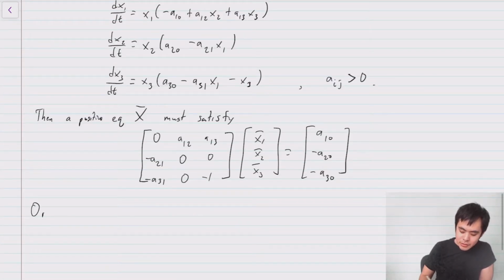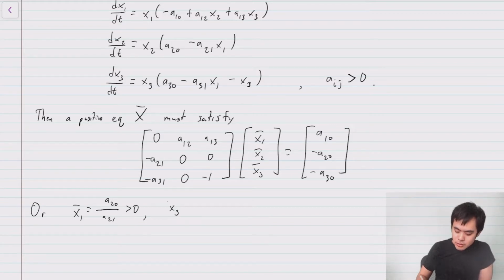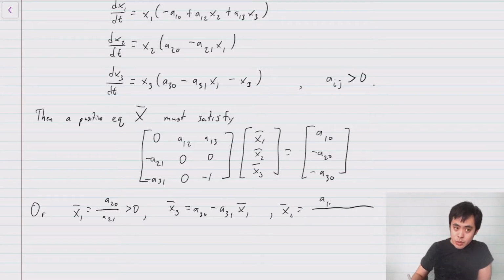Or if you expand this out, you'll see that x1 bar is equal to a20 over a21, which is always greater than 0. And x3 bar from the third line is equal to a30 minus a31 x1 bar, and x2 bar is equal to a10 minus a13 x3 bar over a12.